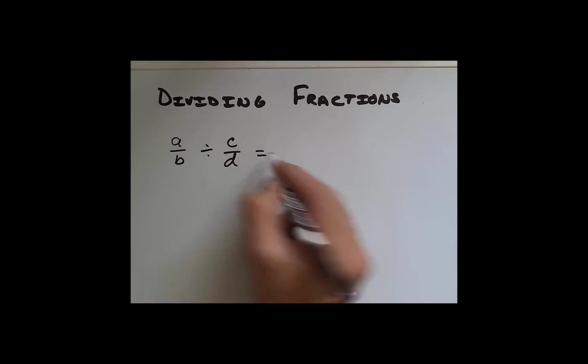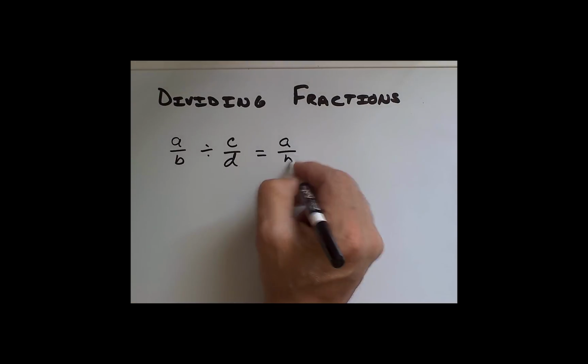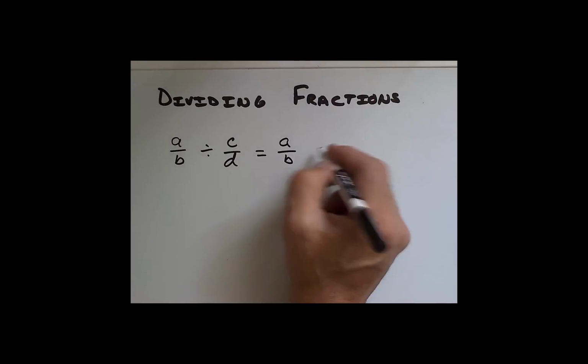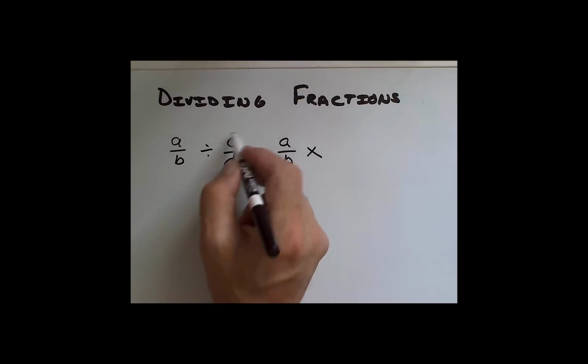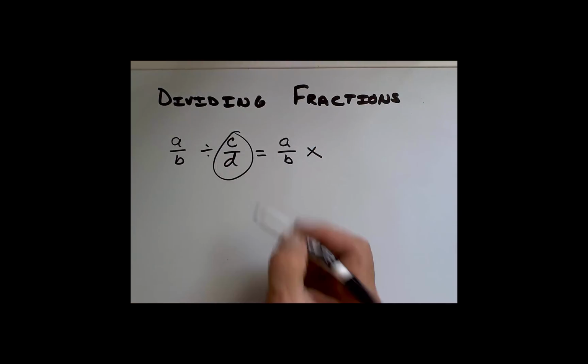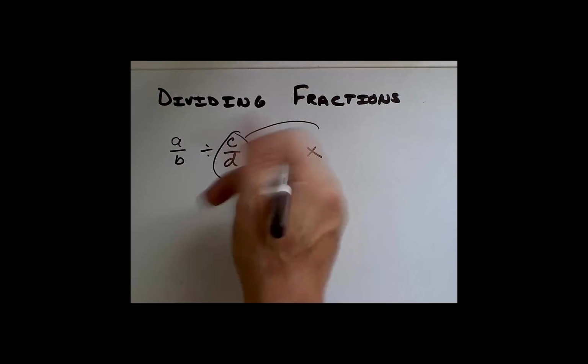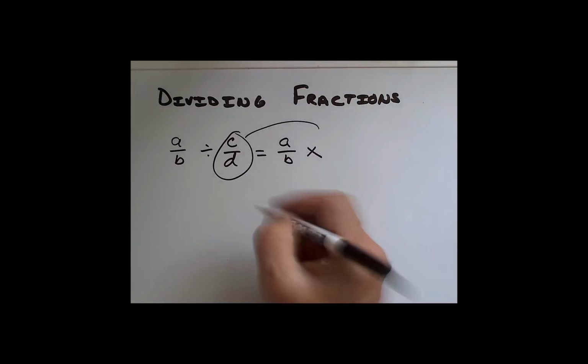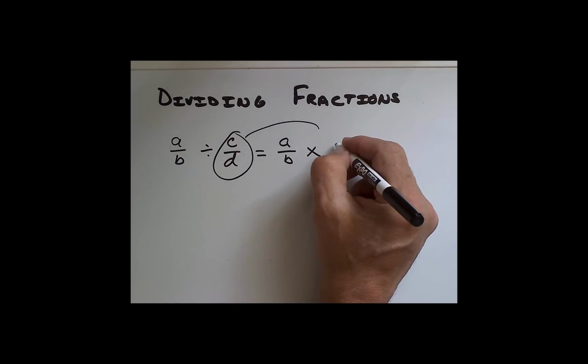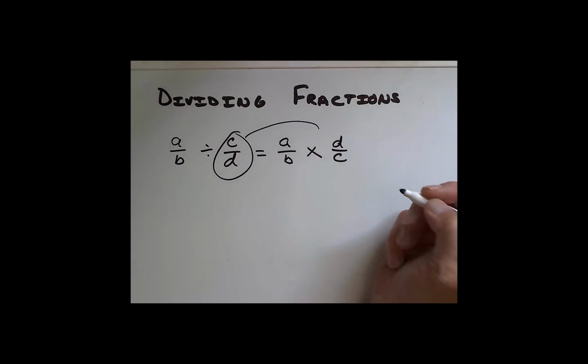So this is the same as saying, let's keep our a/b the same. Let's multiply now, and let's take the reciprocal of c/d and put that in here. So if we do the reciprocal, we just flip these around, d goes into the numerator, c goes into the denominator, and it's d/c.